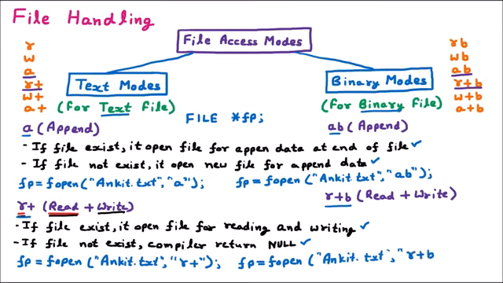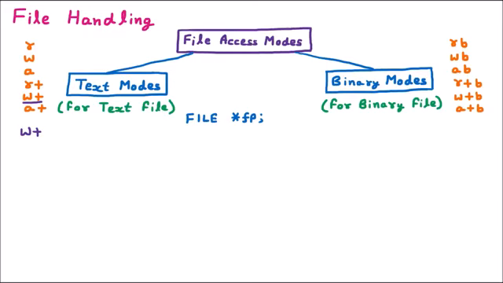Now we are learning the next mode, which is w+. W+ means write plus, so this mode is used for write plus read. Corresponding to this mode, we have w+b, that means w+ for the binary file. This mode is the same as w+, used for write plus read.